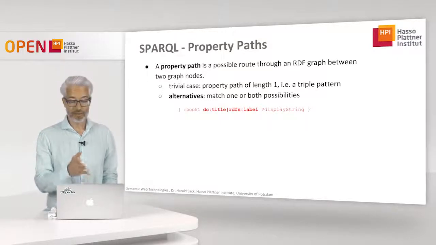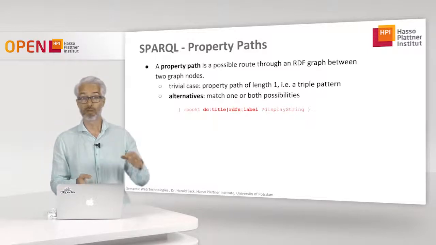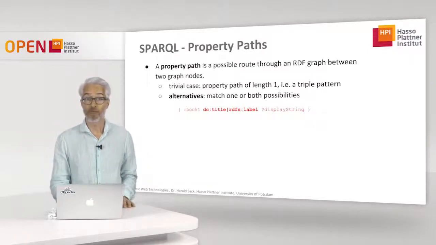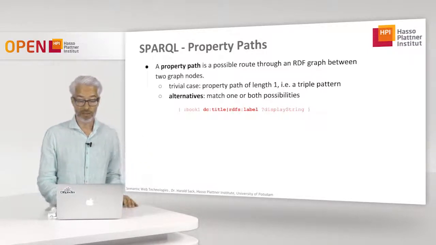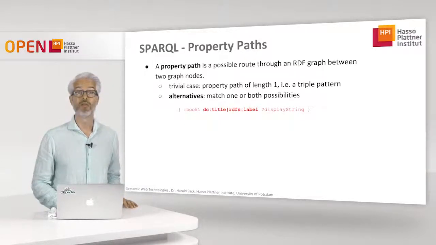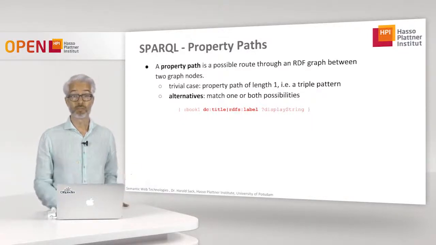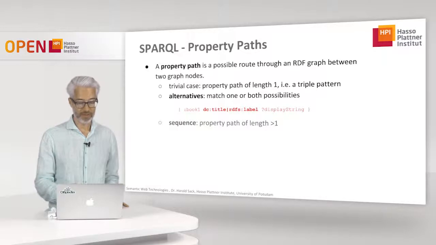So this is an alternative graph expression, and you can of course use this graph expression within the where pattern, as a graph pattern in your SPARQL query. Alternatives are expressed with this simple vertical line. Okay, this is one possibility, the so-called alternatives.